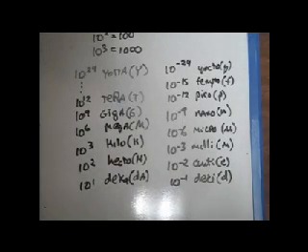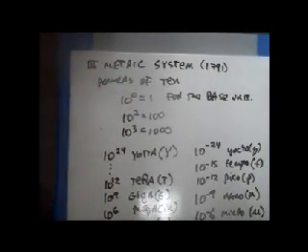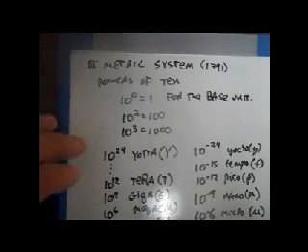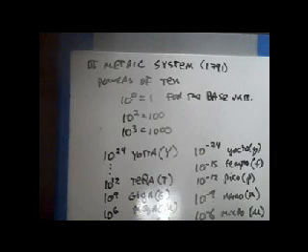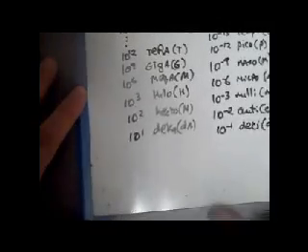Well, I didn't complete the outline for today, but we're out of time. When I come back, we'll talk about conversions between the metric system and the English system, and we'll use the factor label method, so that's the topic of discussion for next time.